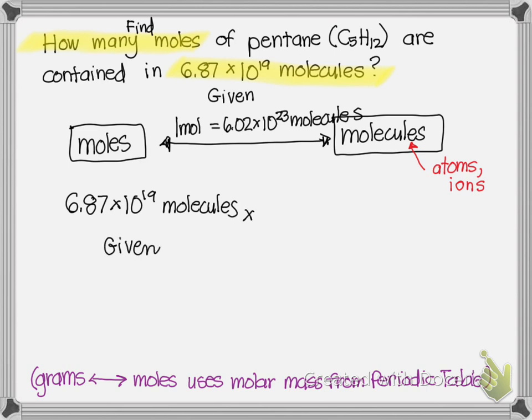And so in Avogadro's number, I'm going to write the 6.02 times 10 to the 23rd in the denominator, because just like we've been doing all semester, it's a unit conversion. And so if I have molecules on the top, I want to write them on the bottom or in the denominator so they cancel.